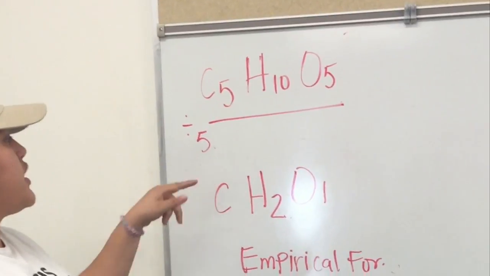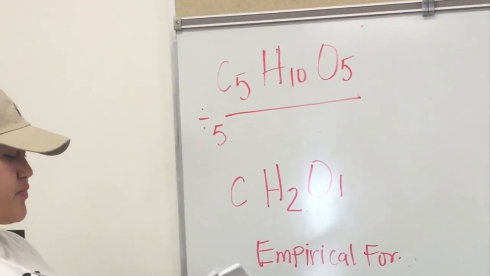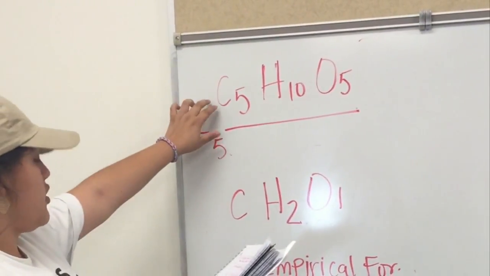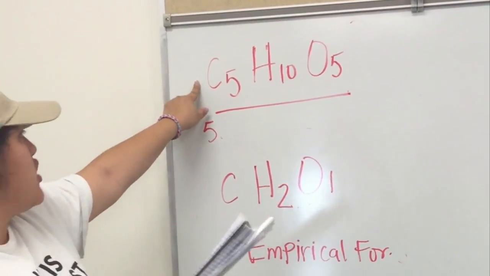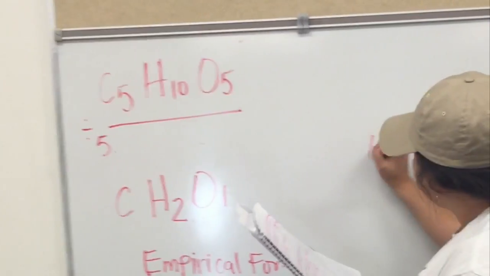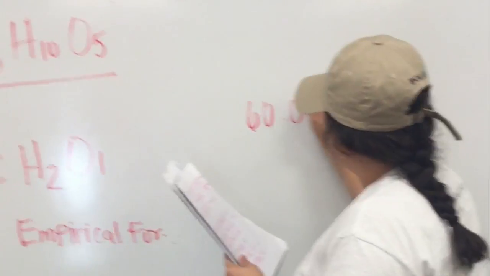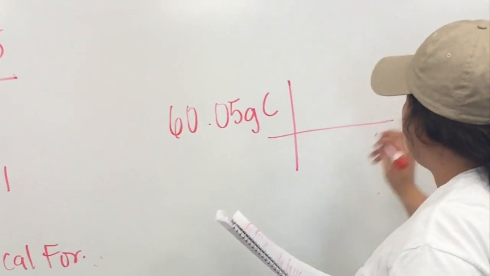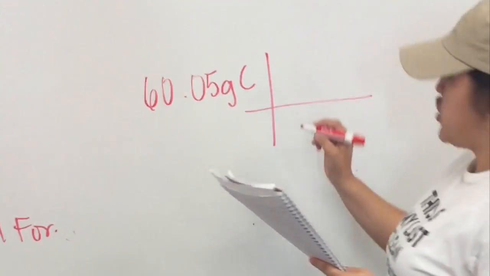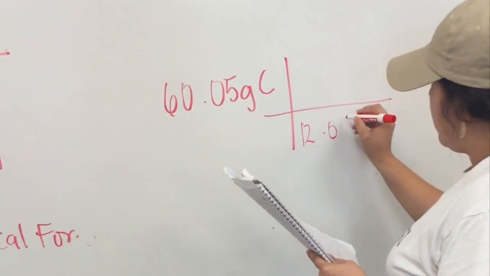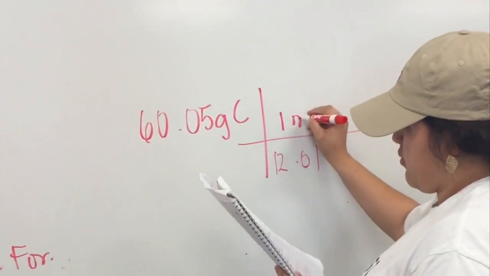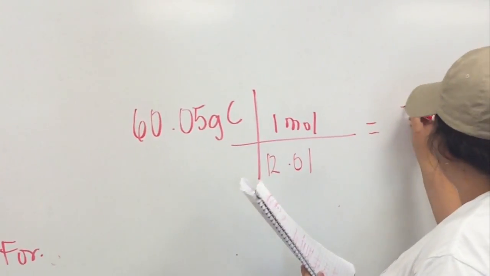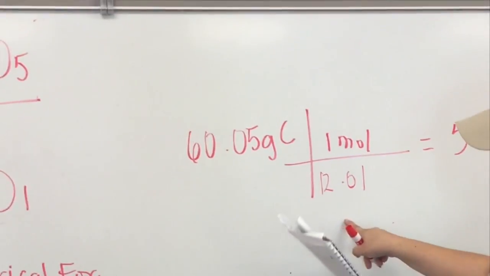But you can also do it another way, where you get the molar mass of each element. So for carbon, it's going to be 60.05 grams of carbon, and then the mass of just one carbon is 12.01. You're trying to find 1 mole. So that's going to equal 5 when you divide 60 by 12.